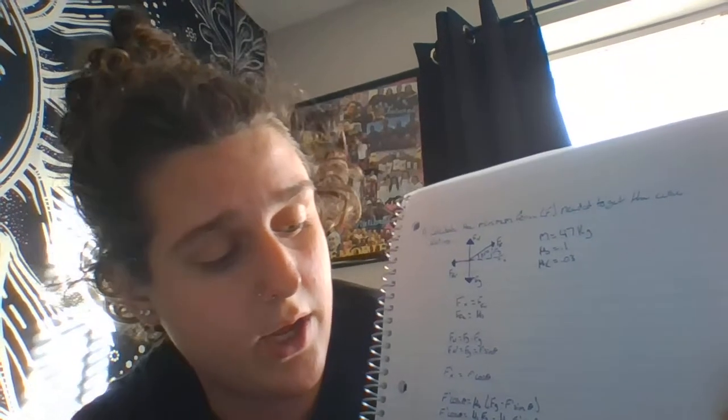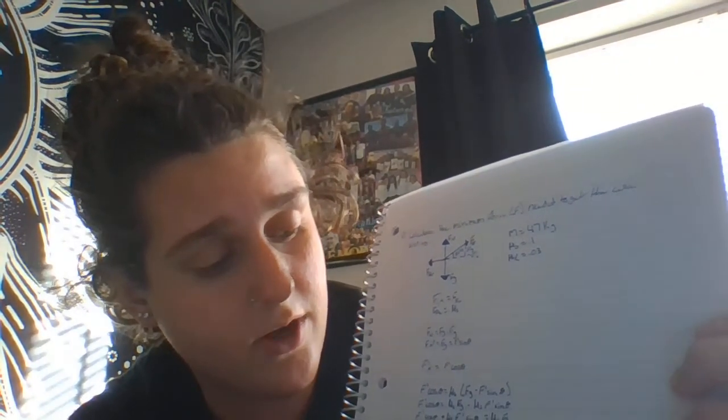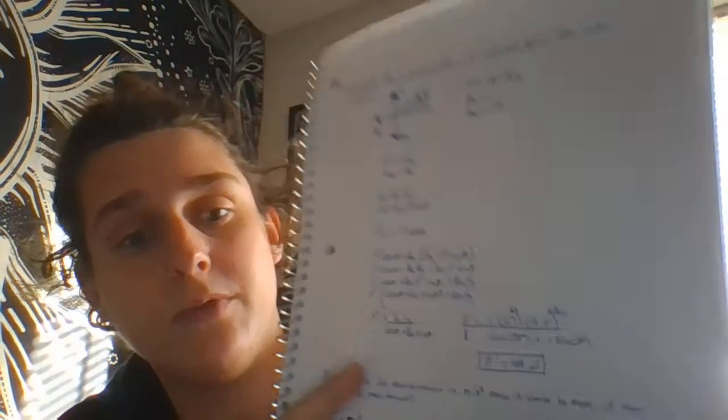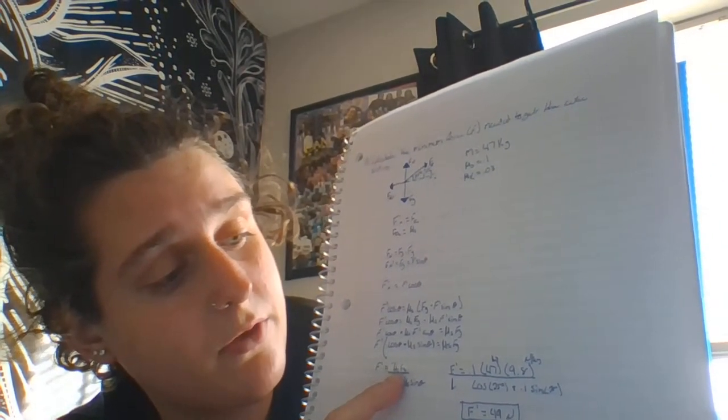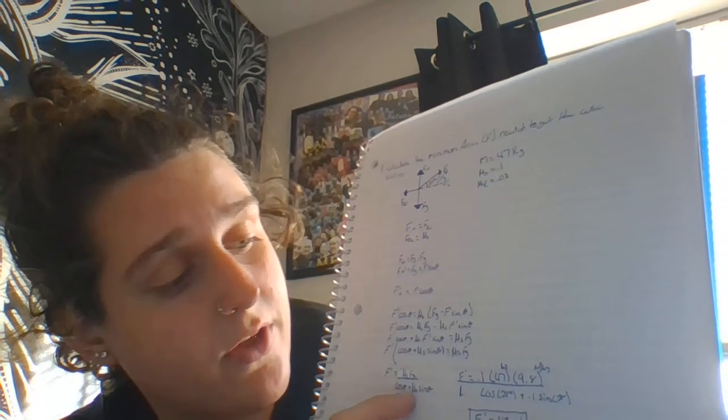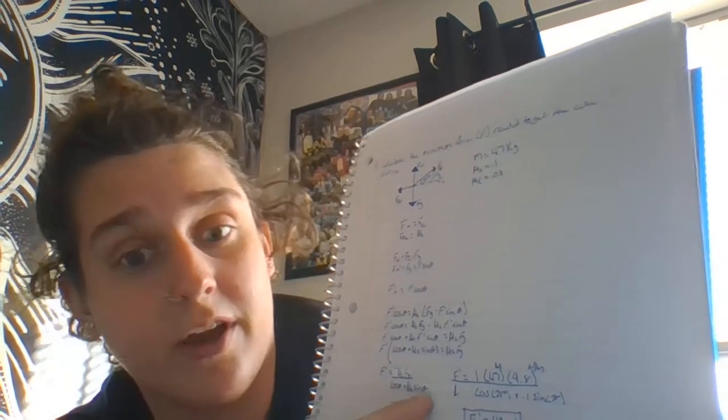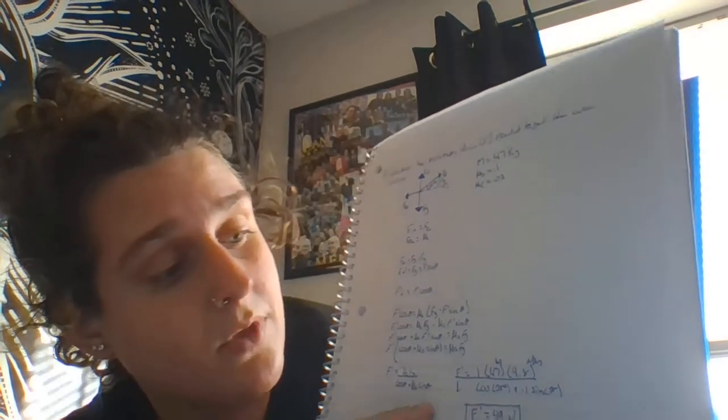Then we move that quantity over to the other side. So we get F prime equals mu sub S times force of gravity over cosine of theta plus mu sub S sine of theta.